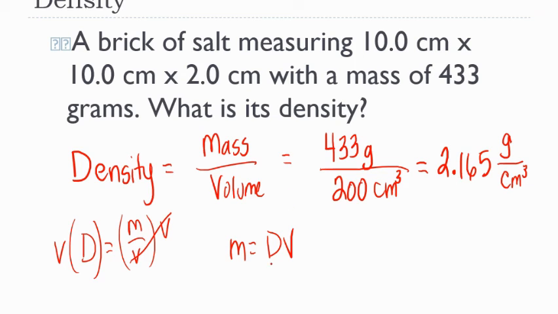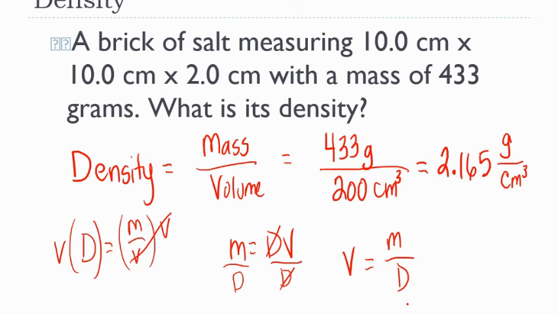All right. If I want to get volume by itself, right now it's multiplied. What's the opposite of multiplication? Division. So I'm going to divide both sides by density. Density will cancel out over here, and that'll leave me with volume equals mass over density.